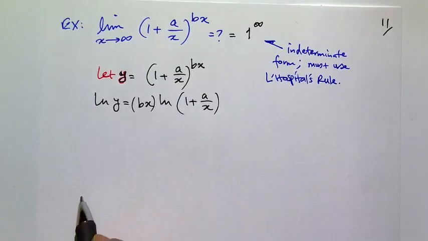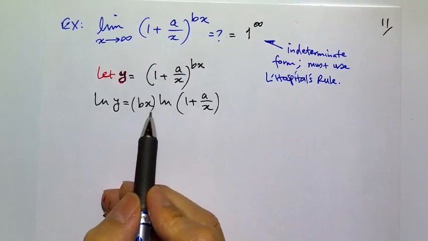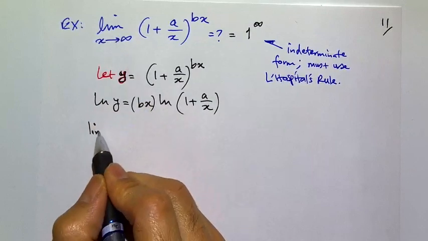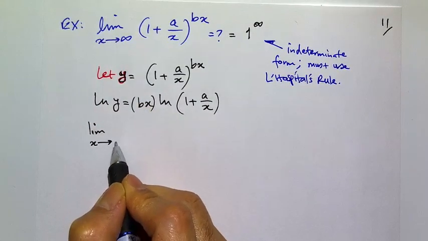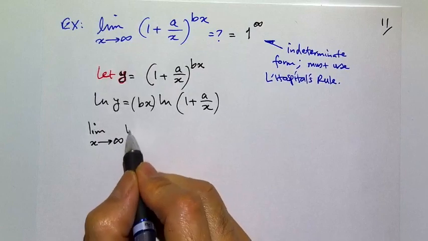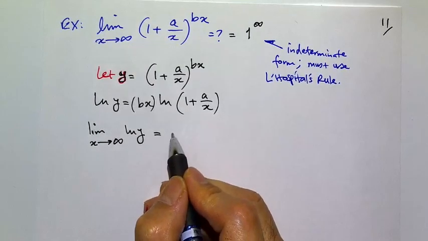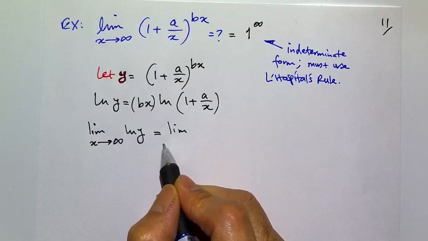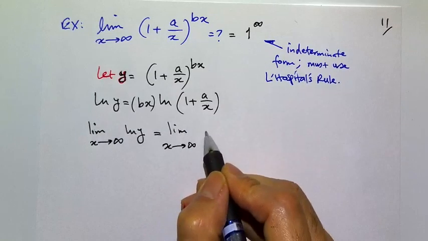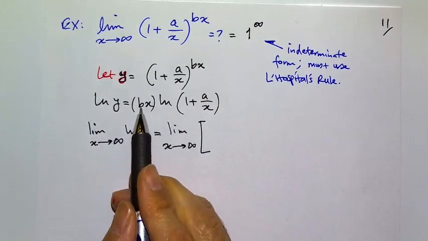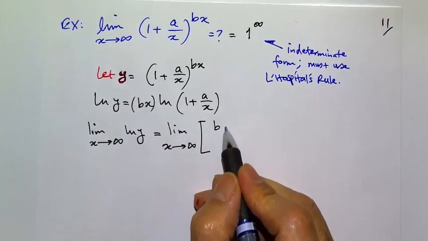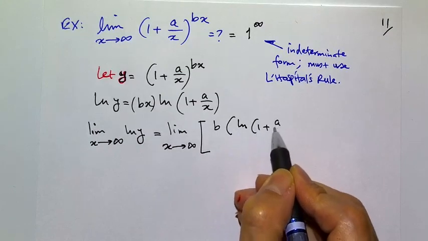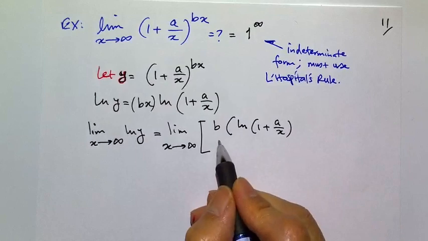Like that. And then let me take the limit of both sides, of course, to bring the limit here. The limit as x goes to infinity of natural log of y equals the limit as x goes to infinity of b times natural log of 1 plus a over x.